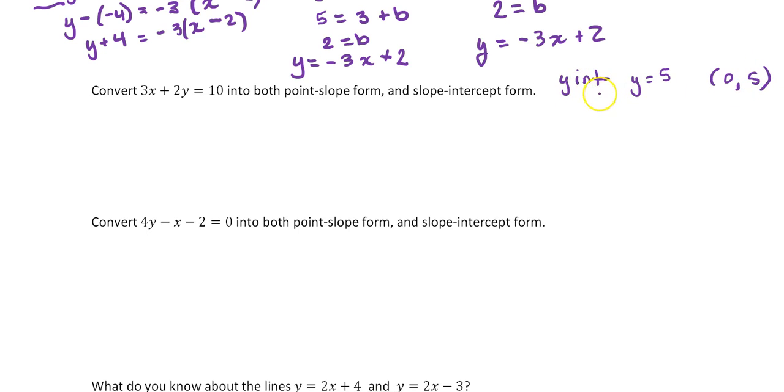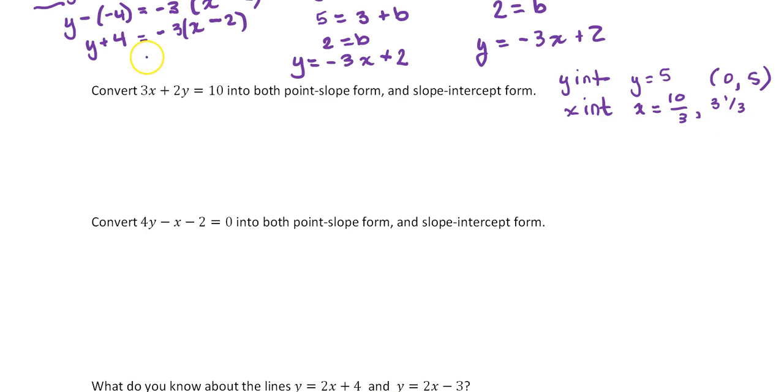Or I can do my x-intercept. So my x is going to equal 10 over 3, or I could say 3 1/3, or something similar. Okay?